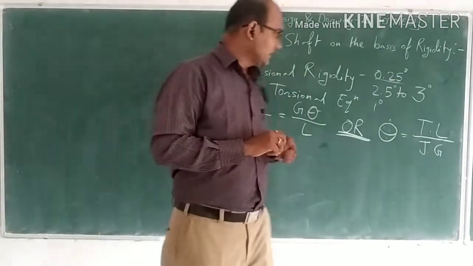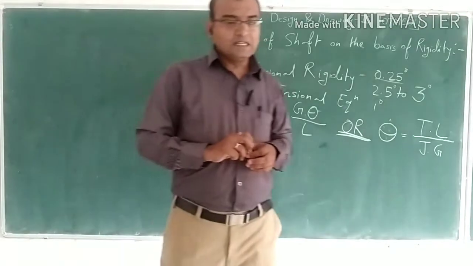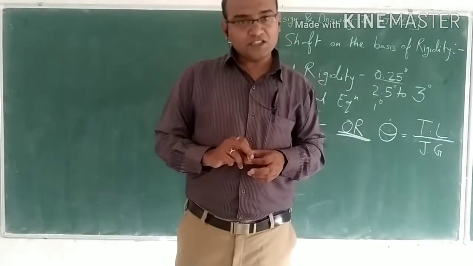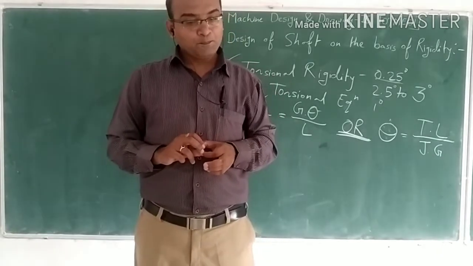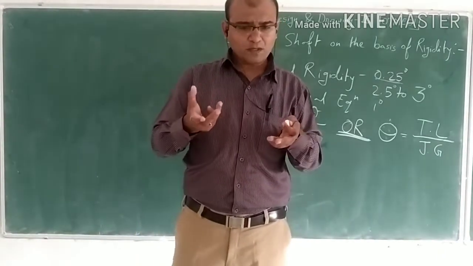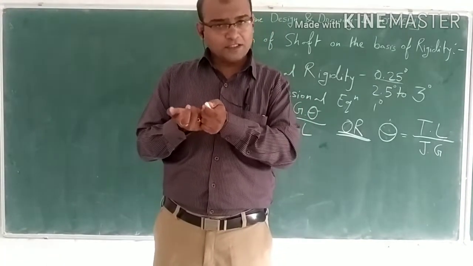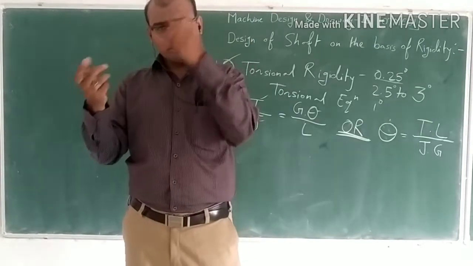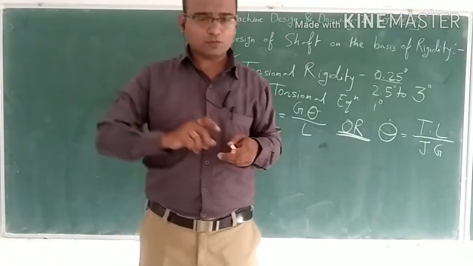J is the polar moment of inertia of the cross sectional area about the axis of rotation, because the angle depends on the cross section, and it changes with the diameter of the shaft.